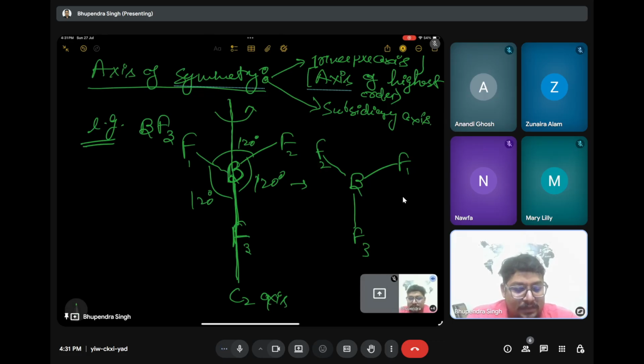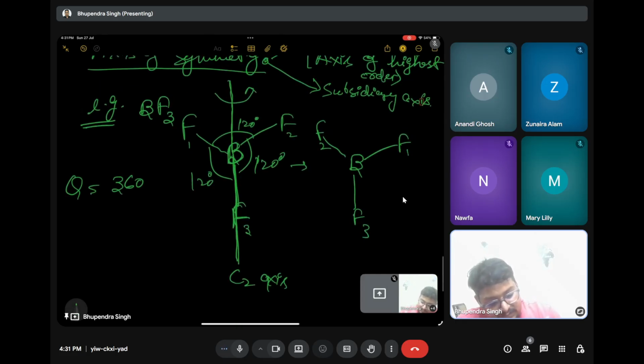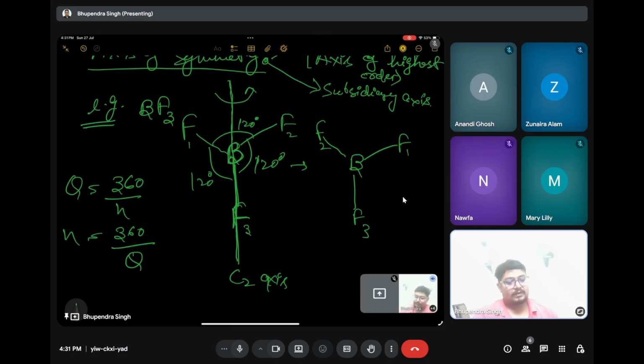Or one thing is that formula, with which you can determine the n. This should be n equals 360 over theta. This F2 is here, and now it reaches here. Seeing this, it is a 180-degree rotation.